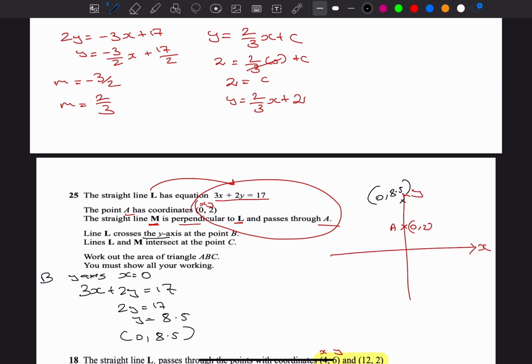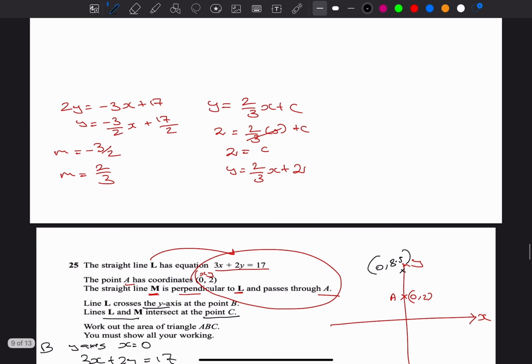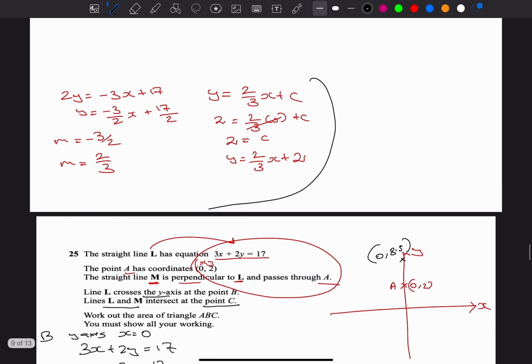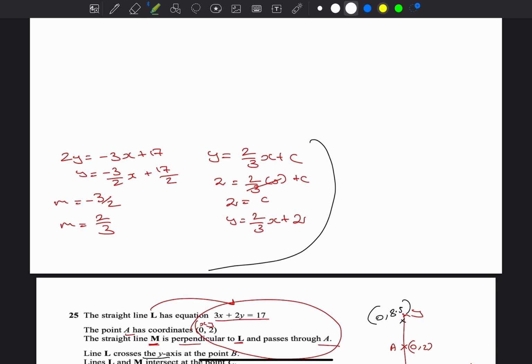Then the other one is what coordinate? L and M intersect at point C. So if L and M intersect, that means you put them equal to each other. What is the y equation for L, and what is the y equation of M?